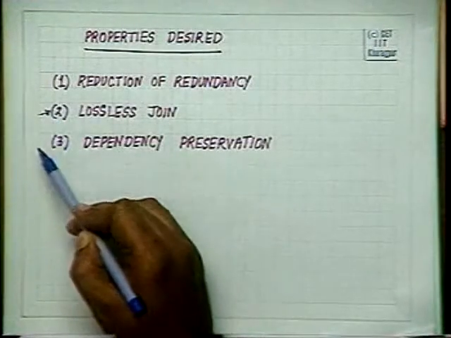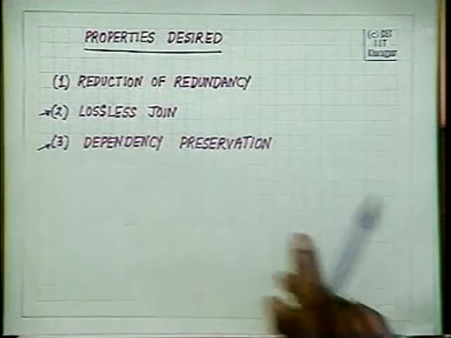That is an optimization which, as we said, we will discuss later. We will now quickly see the formal definitions of a lossless join and a dependency preserving decomposition.